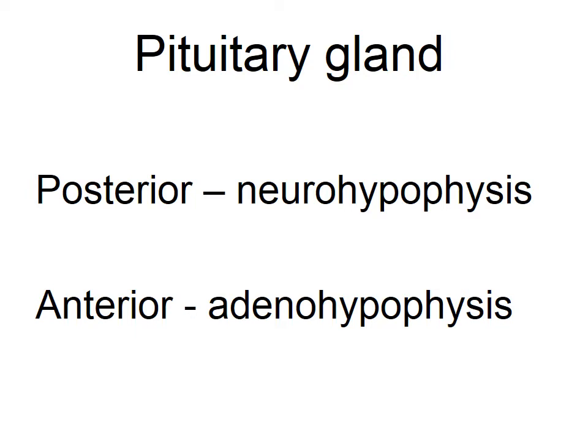And because the posterior lobe is made of nervous tissue, not glandular tissue, it's termed the neurohypophysis. So the hypophysis has an anterior lobe, which is the adenohypophysis, and a posterior lobe, which is the neurohypophysis.